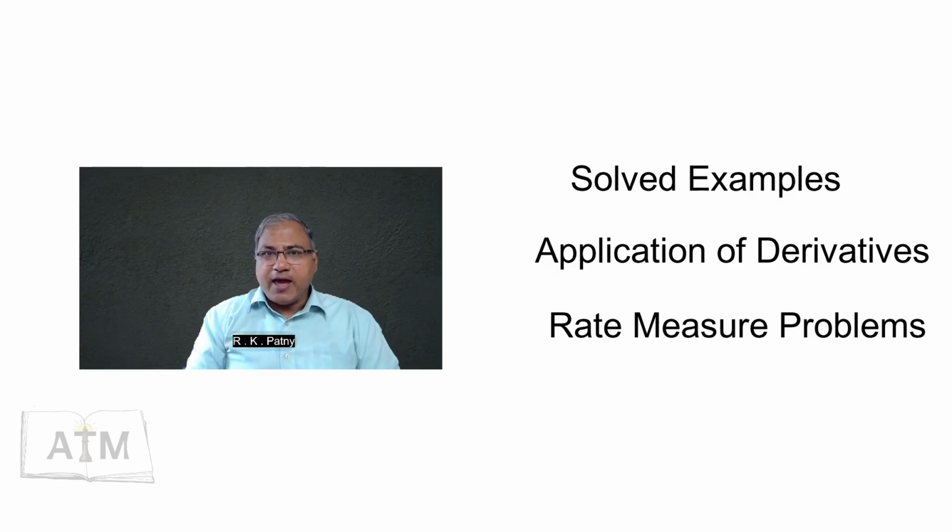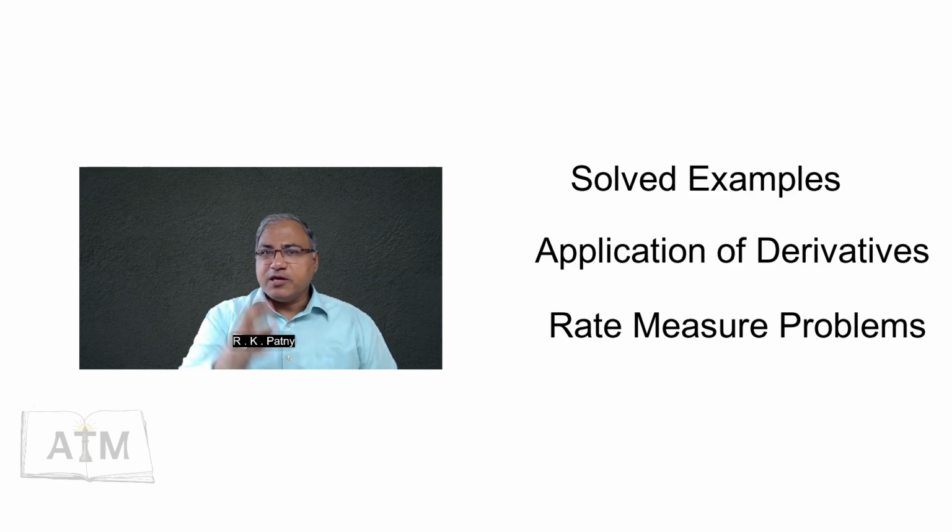One of my students has asked me, sir, what is the use of derivatives? The question was correct and I must answer that question. The derivative can be used in many parts of engineering. It's a basic part of engineering, the backbone of engineering. Without it, you cannot think about engineering.